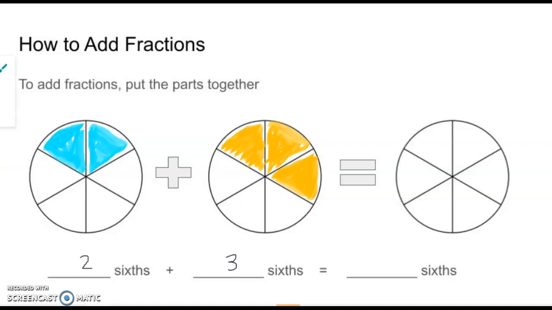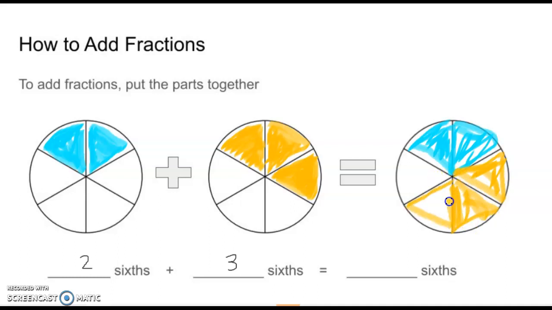Finally, if we wanted to add all of these parts together, we would simply add the 2 blue sixths, and then the 3 orange sixths together. And then once we've added these, we can count them up to see what the total would be.